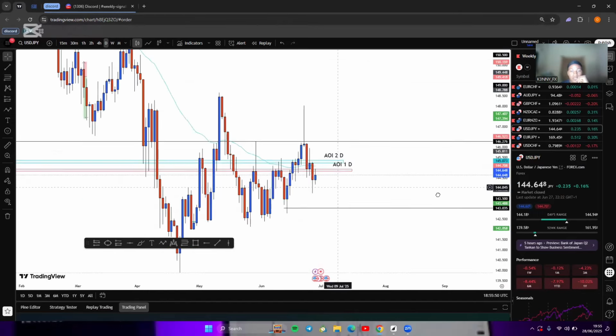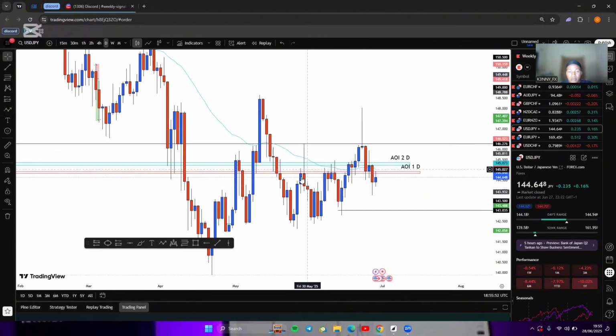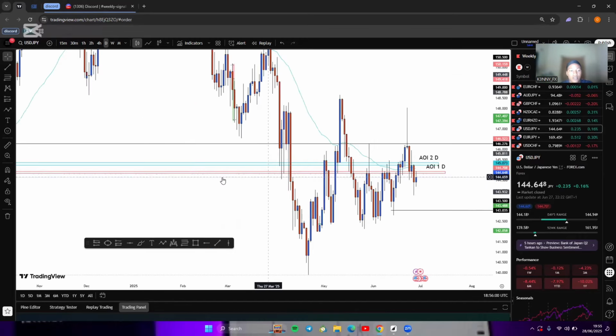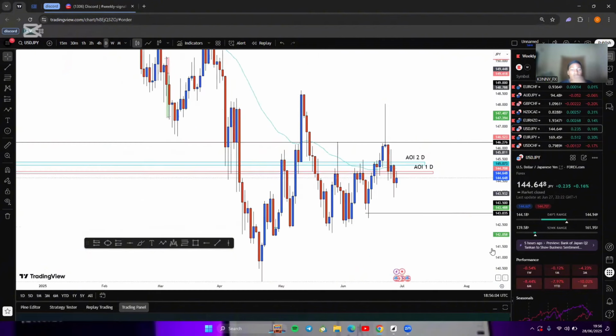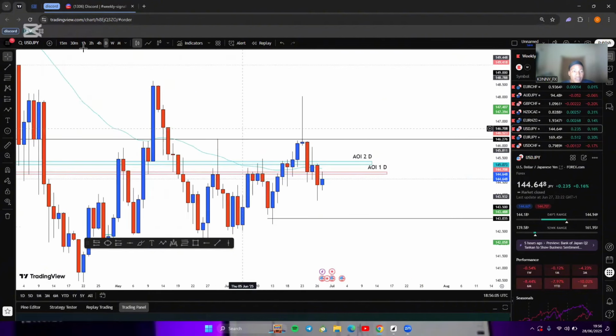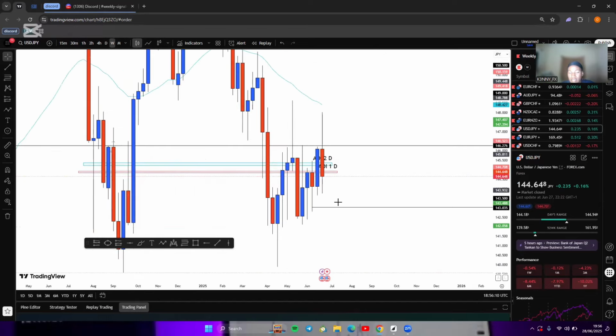Also on the daily time frame, this is the first area of interest I saw, because this is the first level I saw with the most amount of touches. First touch, second touch, third touch, fourth touch, fifth, sixth, and so on. So I'm very interested in this. Though the weekly is not as attractive, it's still cool because we are rejecting.